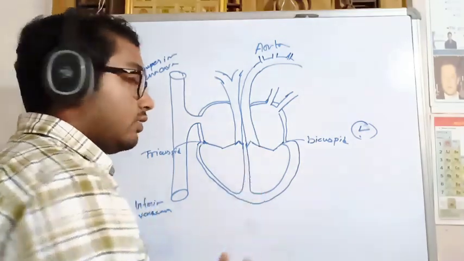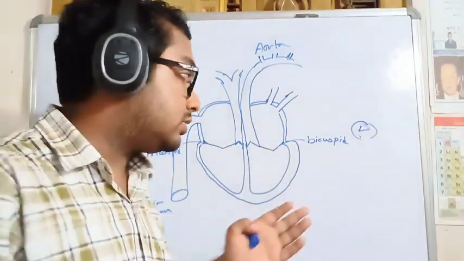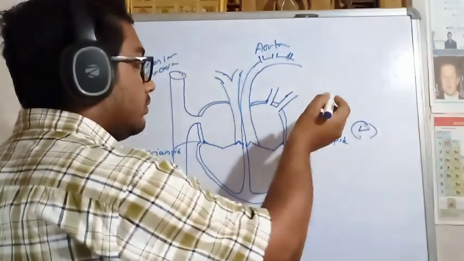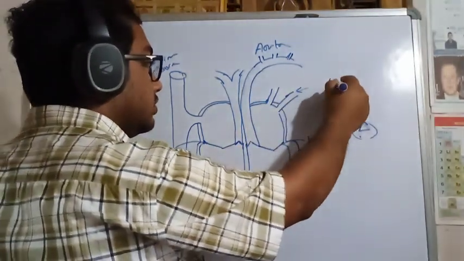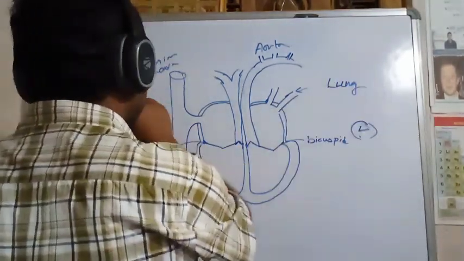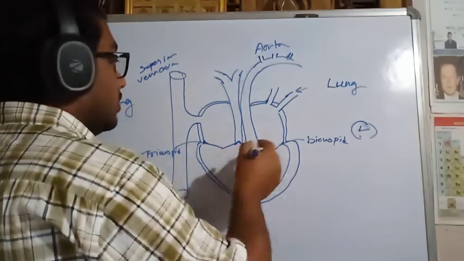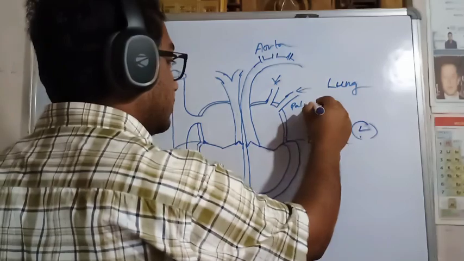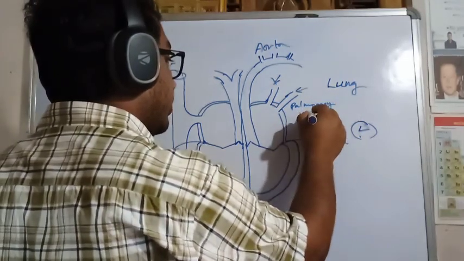And now I'm going to talk about the circulation of blood. So how does the blood start circulating? First of all, blood comes from the lungs through the pulmonary vein.